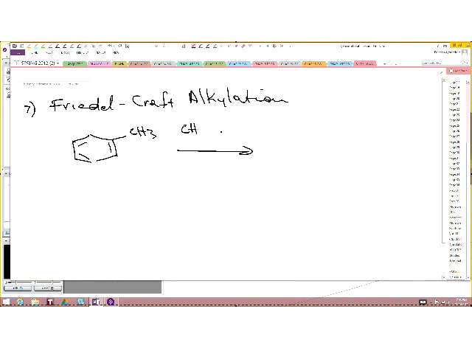Any acyl chloride will do, in the presence of aluminum chloride.